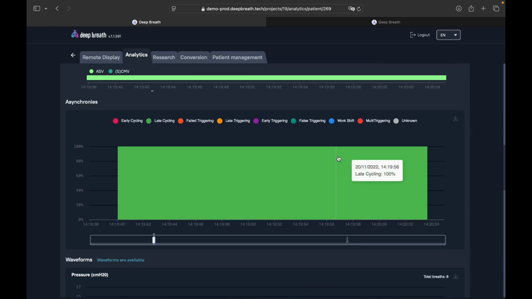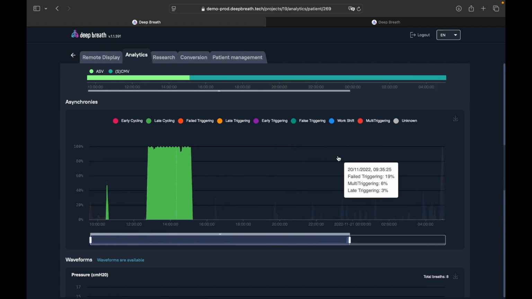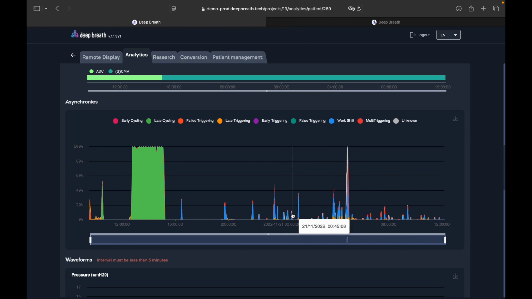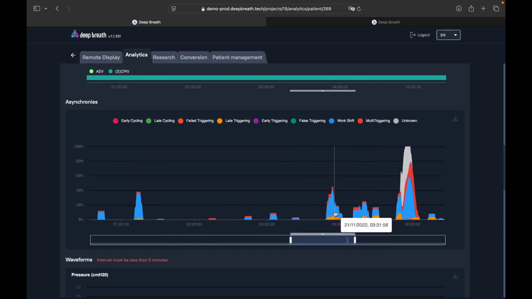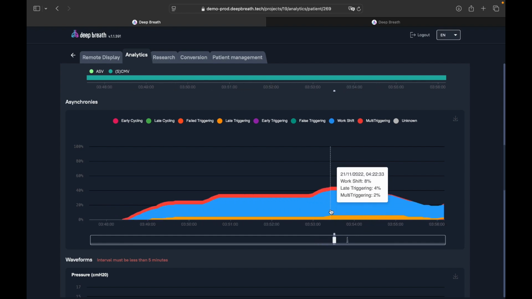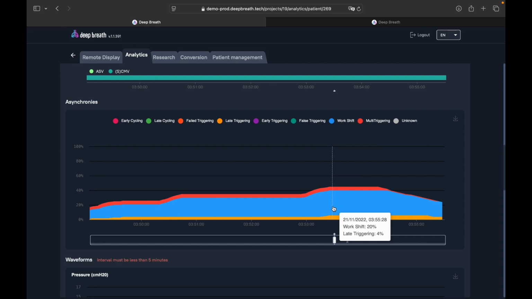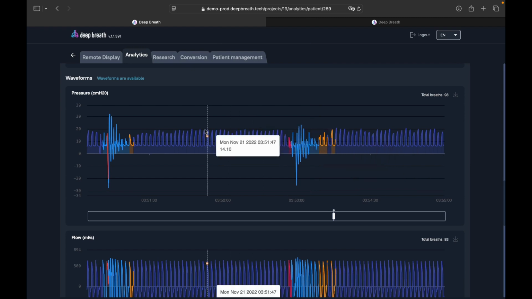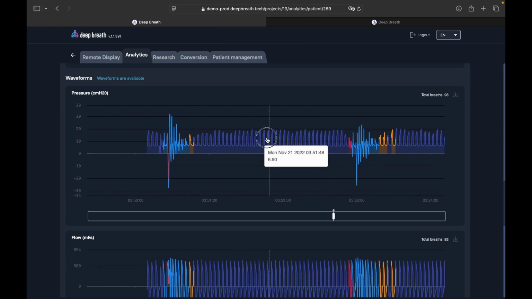We can zoom out and zoom in another period to see another kind of asynchrony. I want you to keep in mind that currently I'm on my M1 laptop, so it's not a huge server or something else, and I am on a mobile internet connection, so this performance is possible.